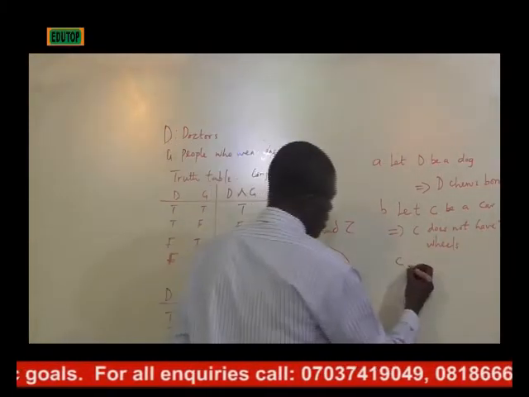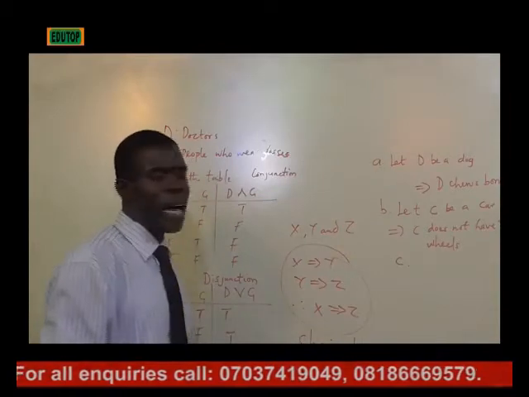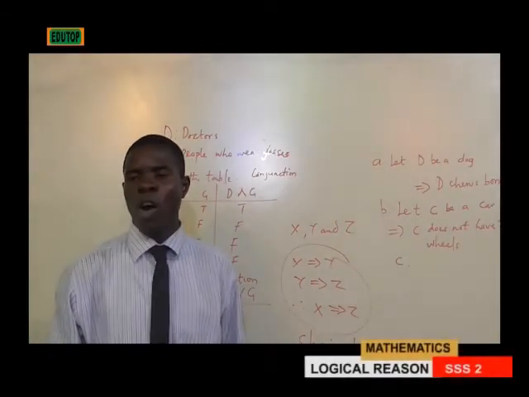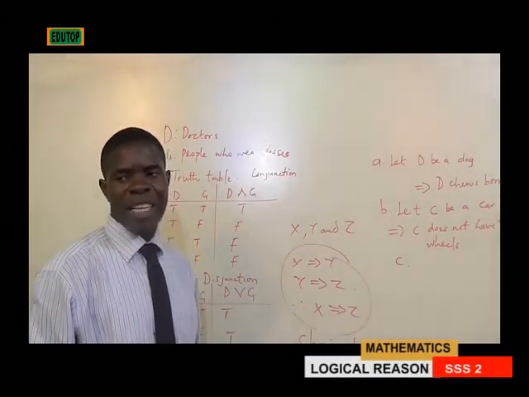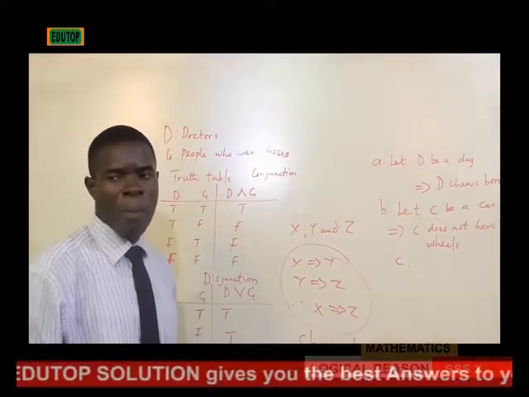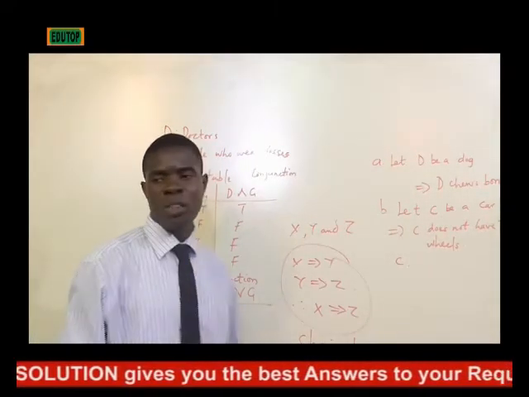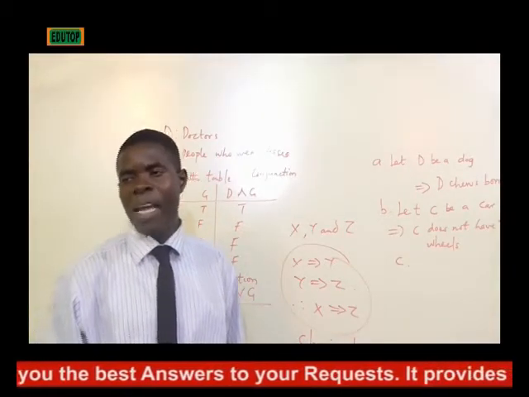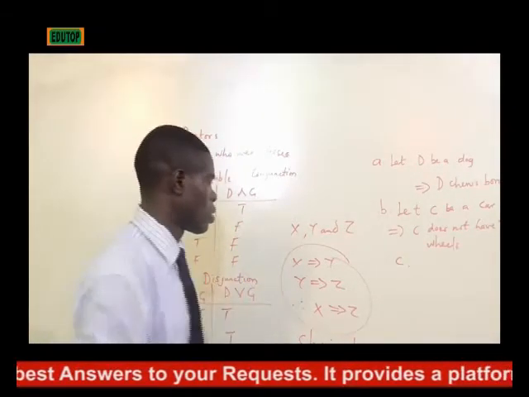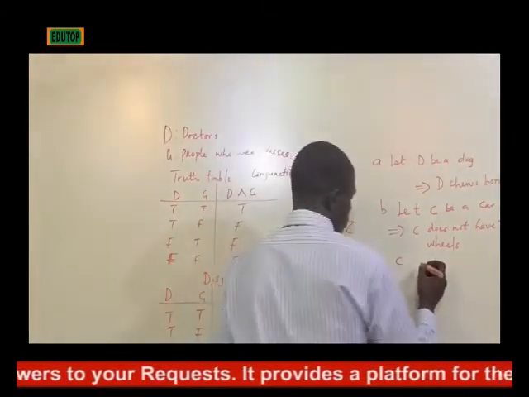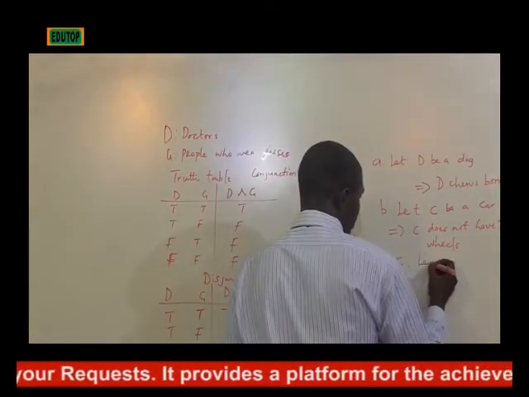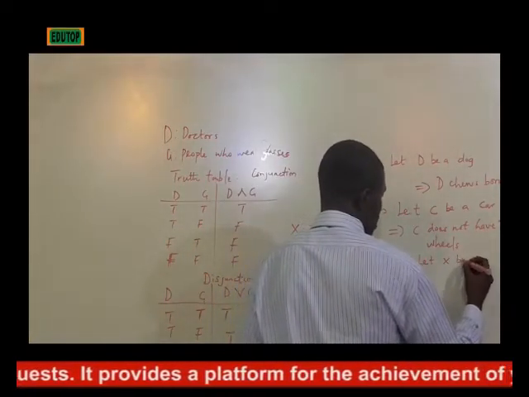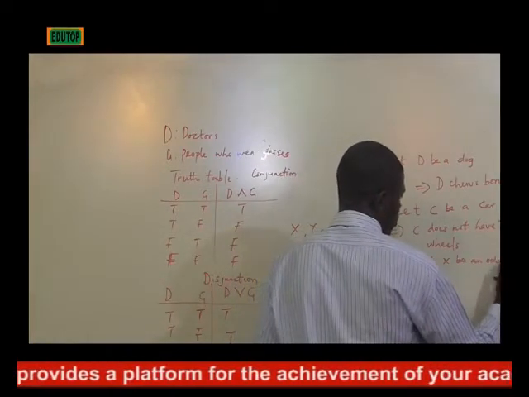Then C, which states that odd numbers are not exactly divisible by 2. Let X be an odd number.